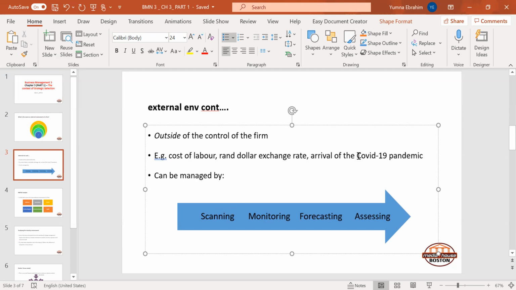And with regards to the COVID-19 pandemic, all firms are continuously scanning, monitoring, forecasting, and assessing what's happening. How is the pandemic affecting their business? Do we think there will be a third wave? What is the likelihood? How will that impact business, etc.?